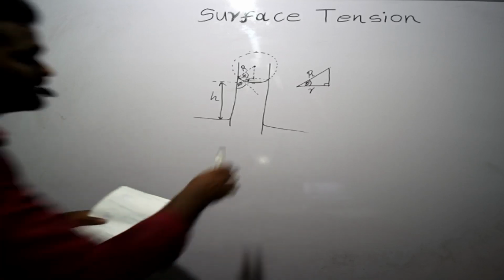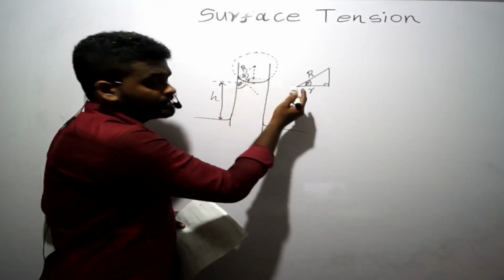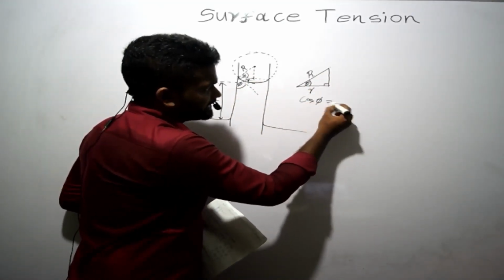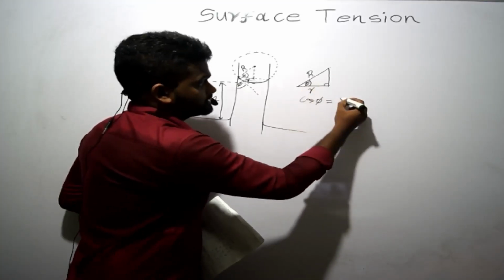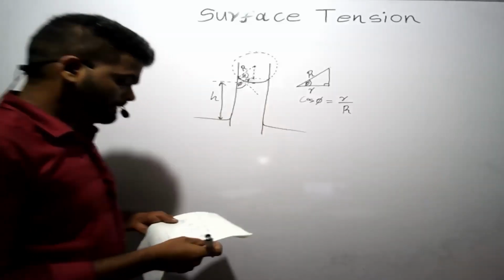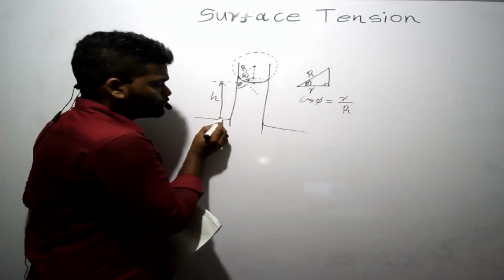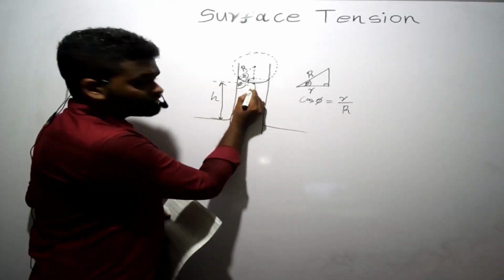Right. So you have this small triangle. Using that triangle, you can write cos of the contact angle equals adjacent side simple r over hypotenuse capital R. Capillary rise is measured from here to the bottom of the meniscus, right?